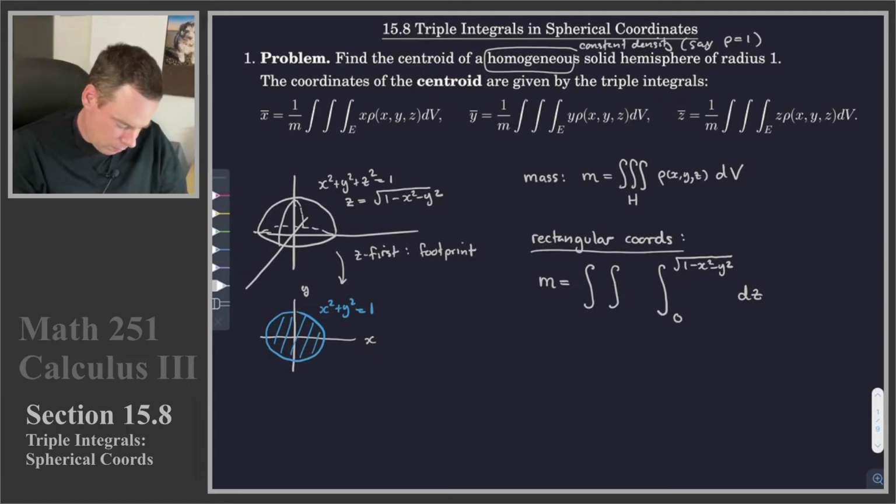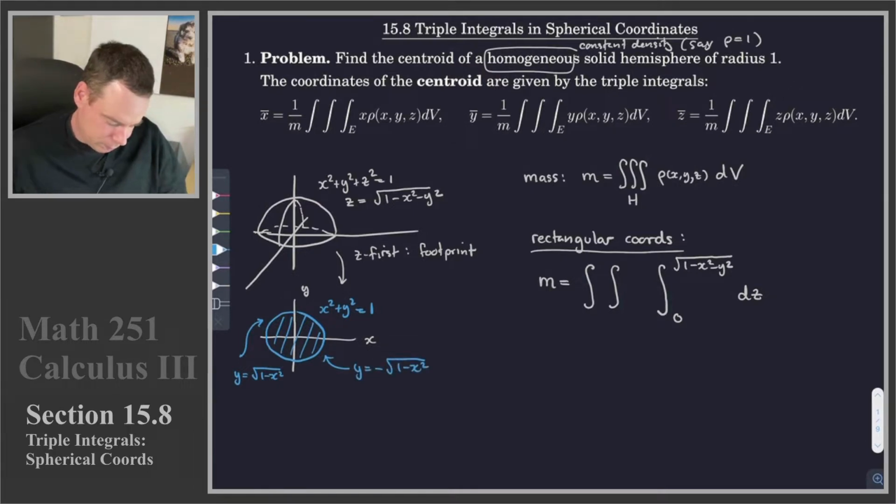In order to do that, we could do something like this: the upper semicircle is y equal to the square root of 1 minus x squared, whereas the lower one is y equal to negative the square root of 1 minus x squared.